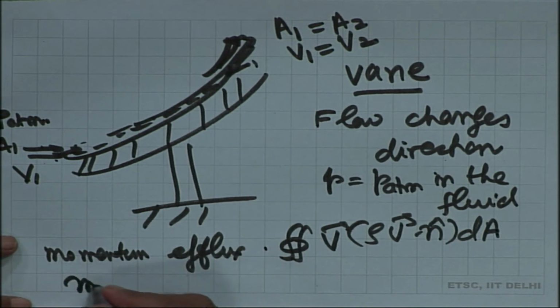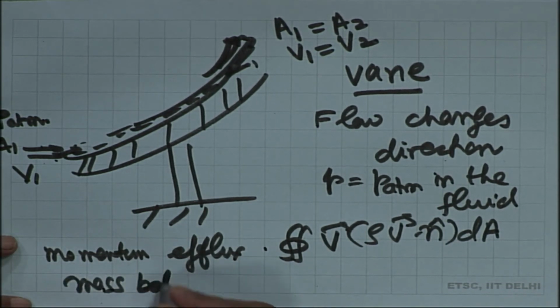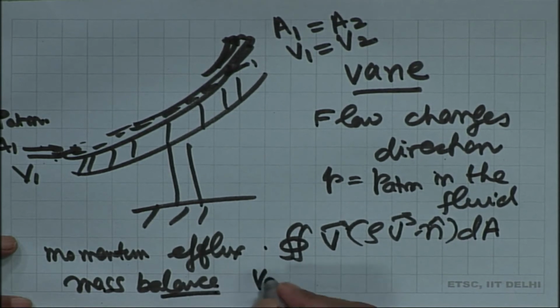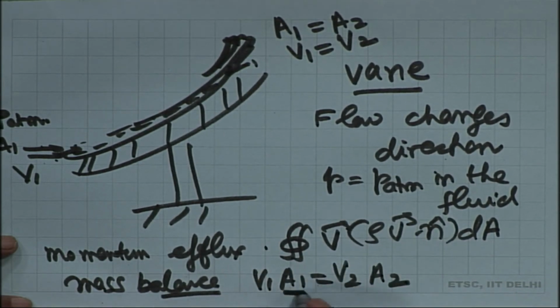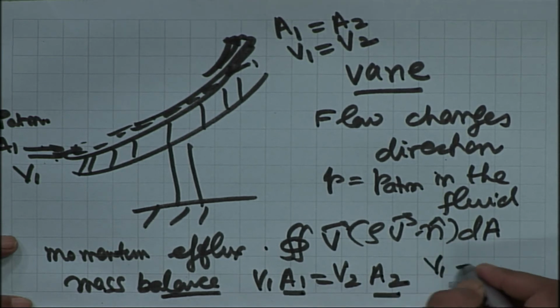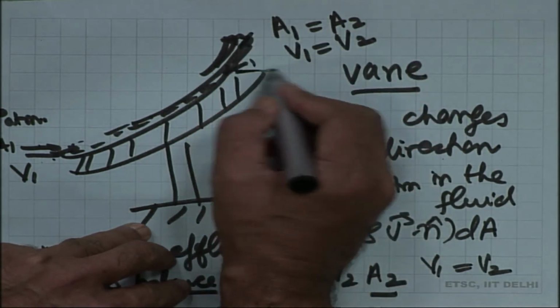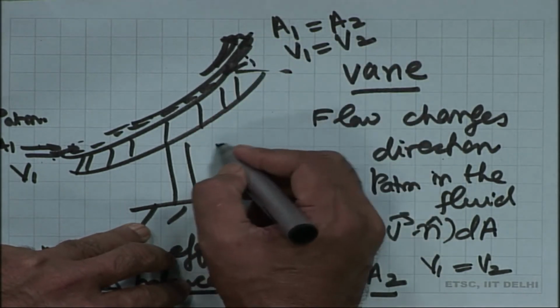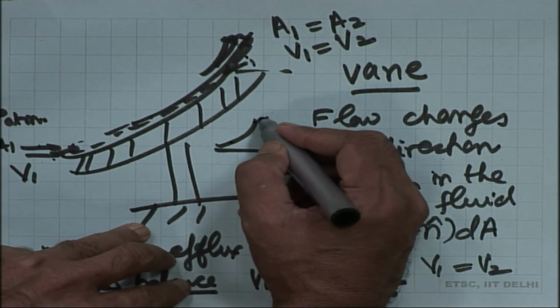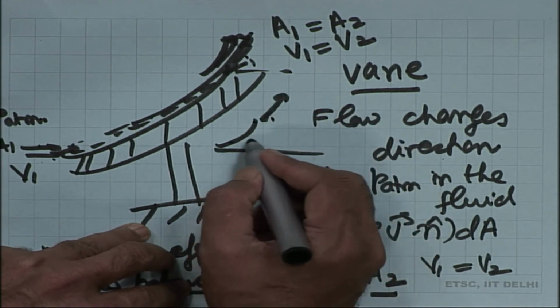Well, mass balance will tell us V1 A1 is equal to V2 A2, and if A1 is equal to A2, this will give us V1 is equal to V2.